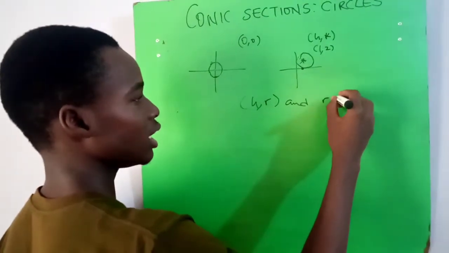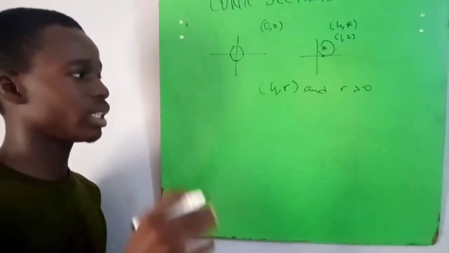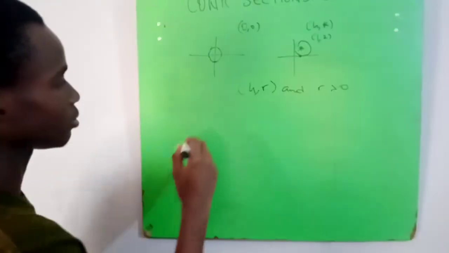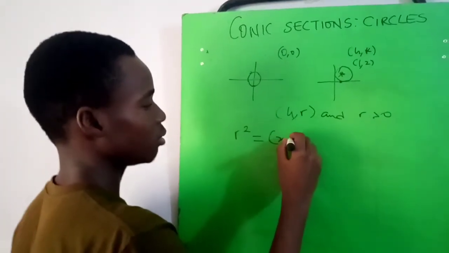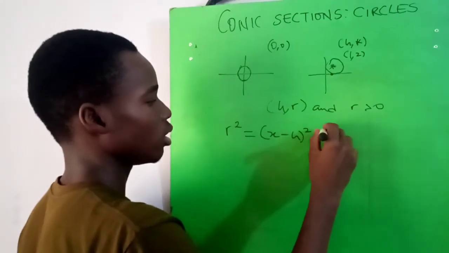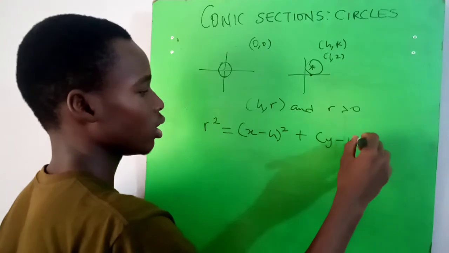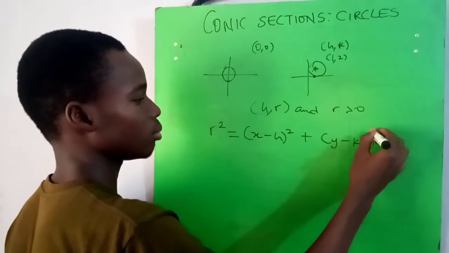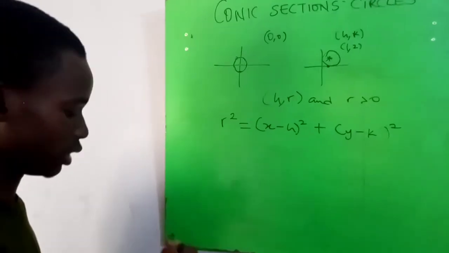When r is greater than 0, mind you, the radius has to be greater than 0, it is given as r squared equals x minus h squared plus y minus k squared. So this is the equation of a circle.